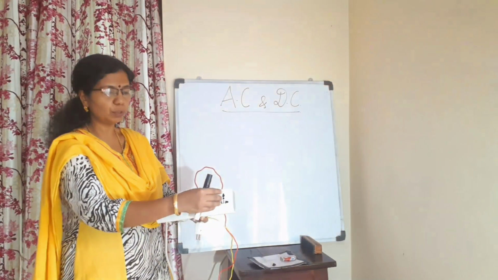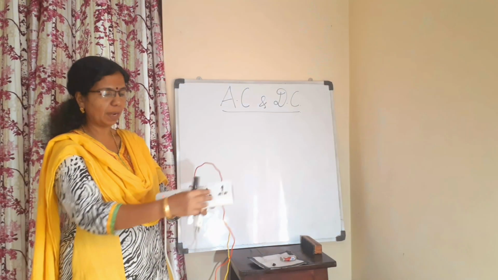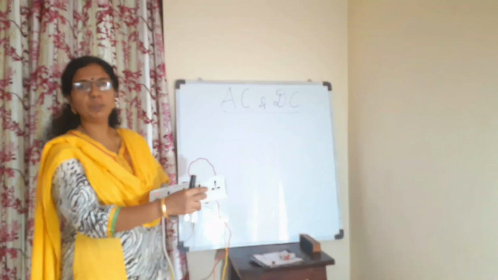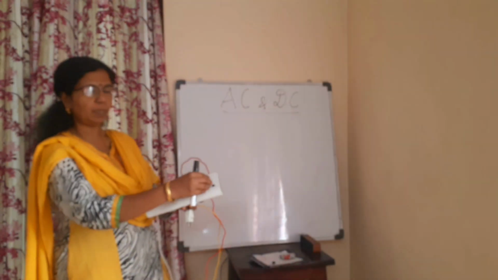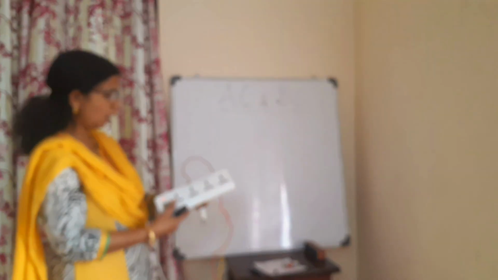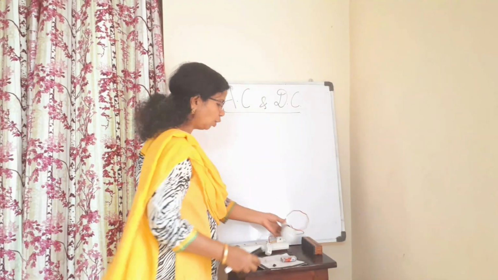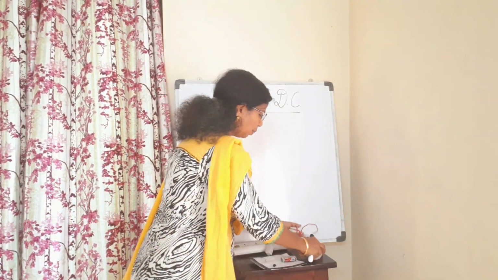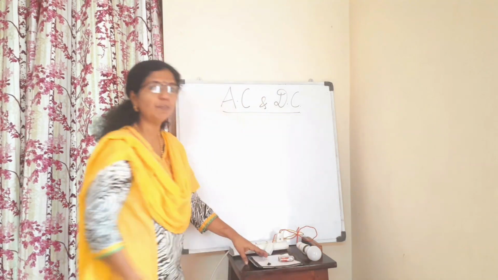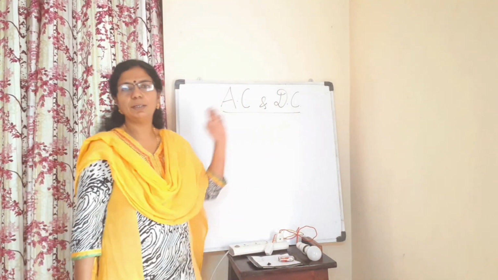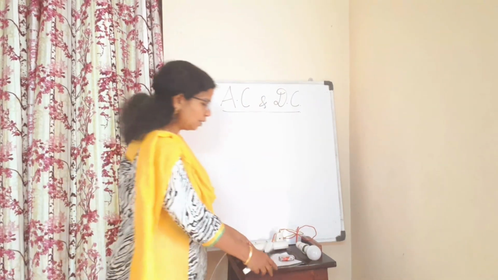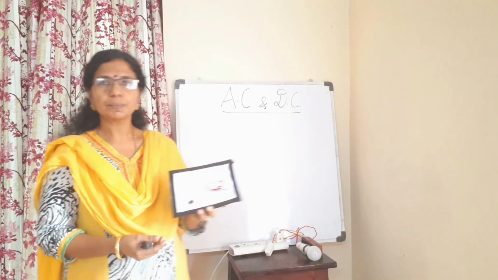This is the point from where the bulb got the voltage and also the current. Whenever there is a voltage, there is also a current flow. These two types of currents are different, and our topic is to study these two types of current, AC and DC.